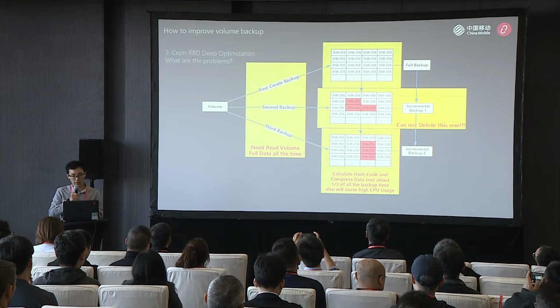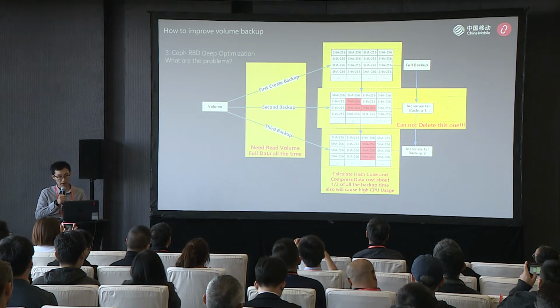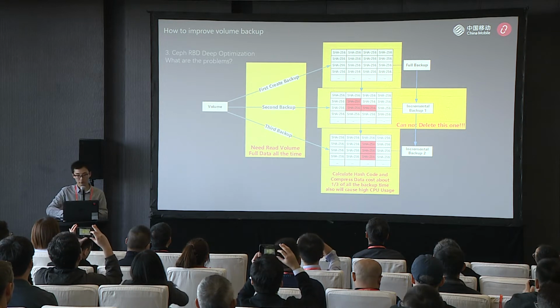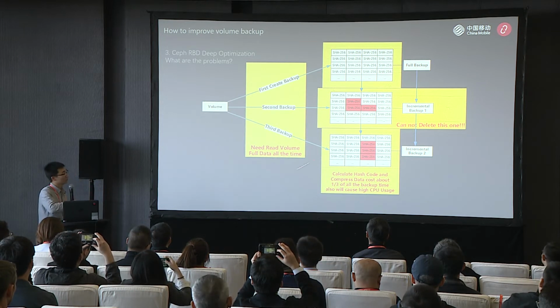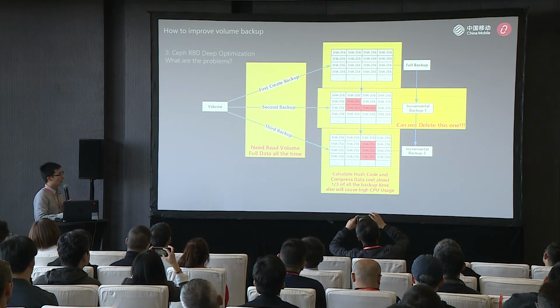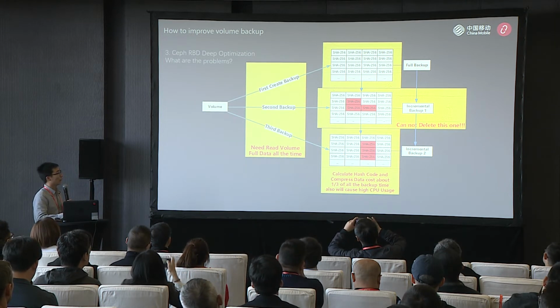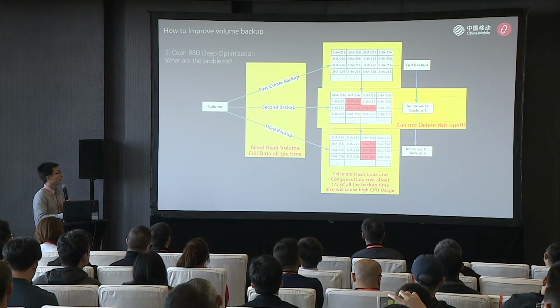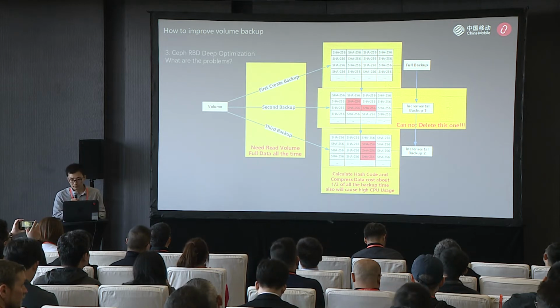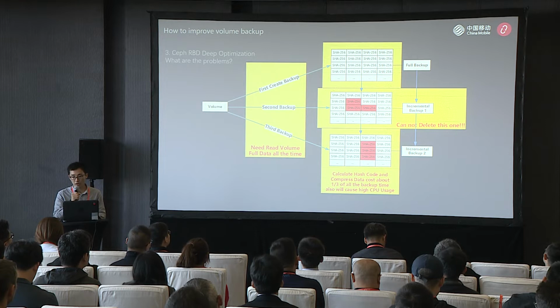What we found can be divided into 3 categories. First is useless work. Every time we need to read full volume data. The I/O performance under single volume load is a headache. Second is busy process.